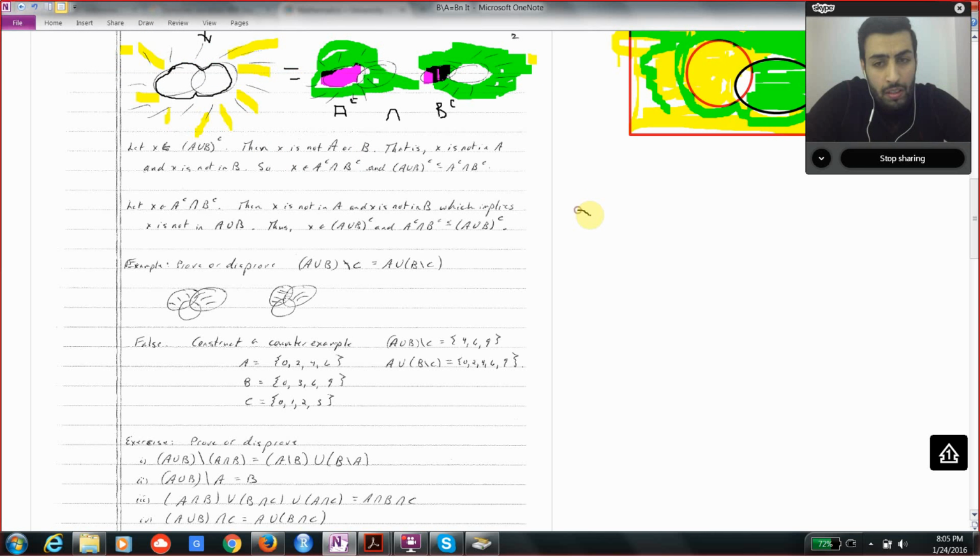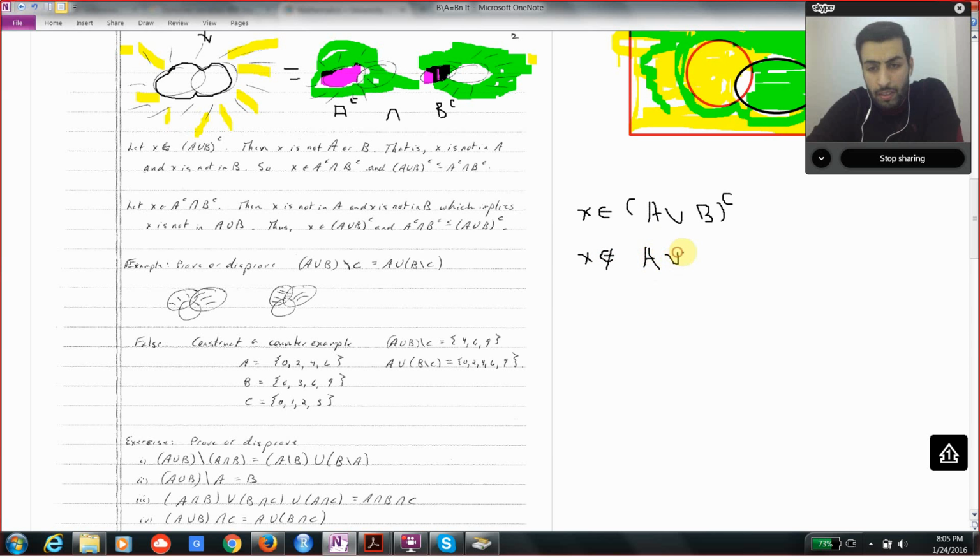So, when we want to prove that X is an element of the complement of A union B, we're gonna say this in a different way. Okay? Instead of saying that X is an element of this, we're going to say X is not an element of A union B. It's the same thing, right?